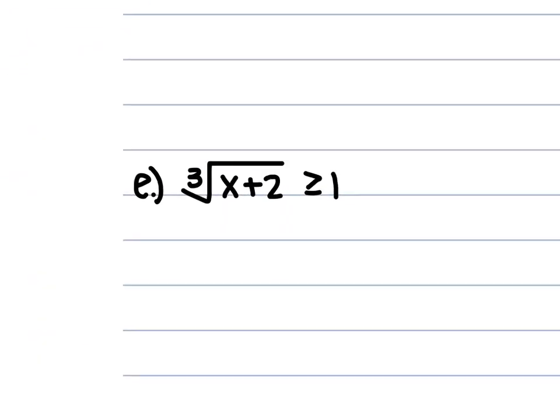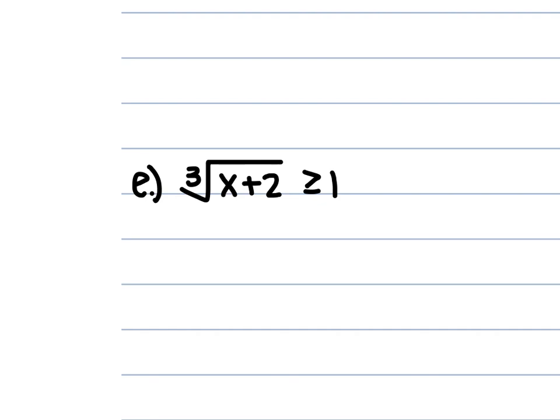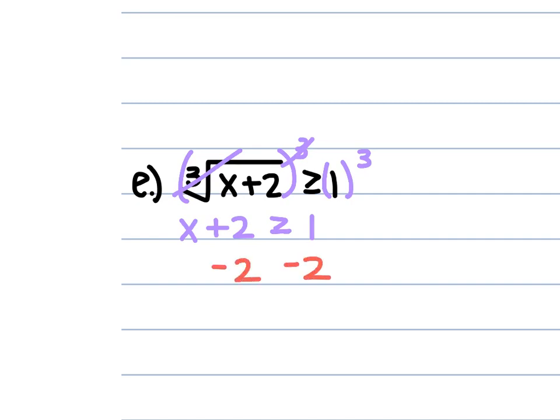For E, we have the cube root of x plus 2 is greater than or equal to 1. So we're going to cube each side. 1 cubed is 1. So this is going to leave us with x plus 2 is greater than or equal to 1. We're going to subtract 2 from each side.